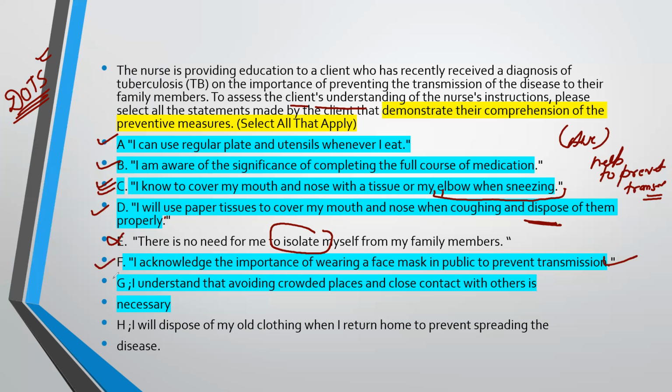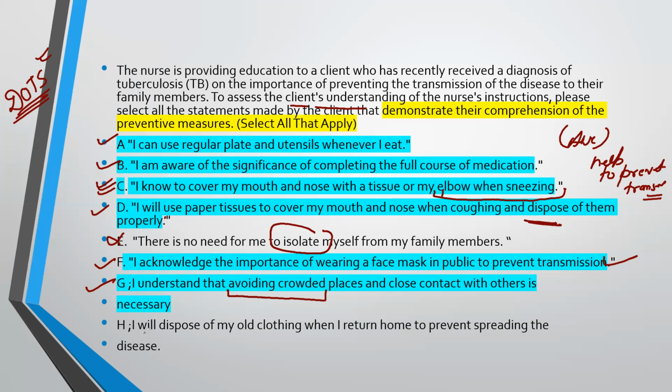So this option is right. And G, I understand that avoiding crowded places and close contact is necessary. It is also the right answer, because by avoiding crowded areas and close contact, a tuberculosis patient can reduce the transmission of the bacteria. So patients suffering from tuberculosis must avoid crowded places.